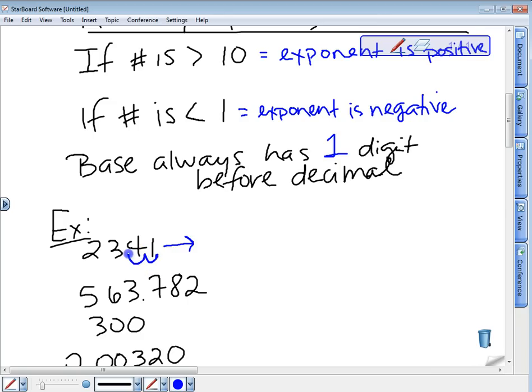1, 2, 3 places. So my significand would be 2.341. I'm going to say times 10 to the, I know it's going to be positive because my number was greater than 10. And I had to move my decimal 3 places, so it's going to be a positive 3.